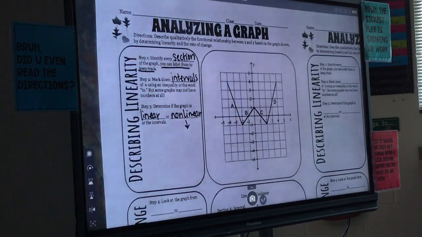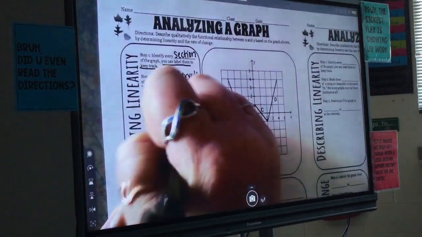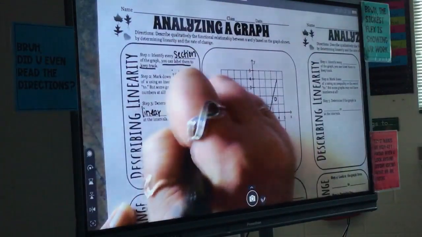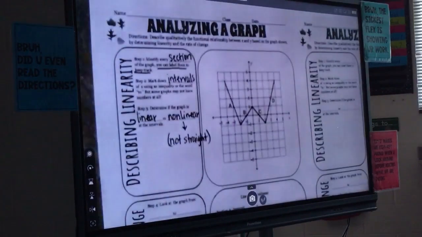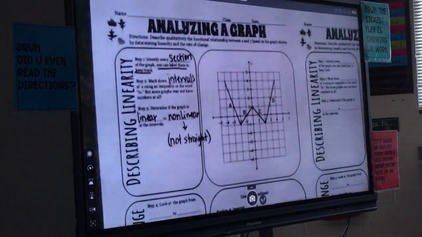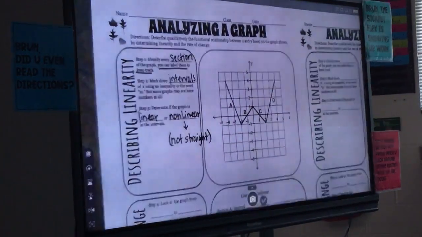Look back in your notes and look at every single graph that we've identified as a positive, a negative, a 0, or an undefined. What do all of those lines look like? They're all straight. Okay, so a nonlinear line is not straight. So if at any point in time you see a line that has a curve, it is a nonlinear line.